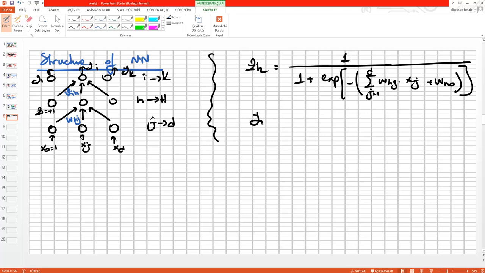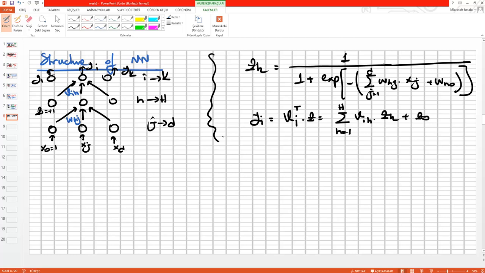And so YI is equal to VI transpose times Z, which is equal to the summation of H equal 1 to H, because this is the hidden layer in here, of VIH times ZH plus VI0.